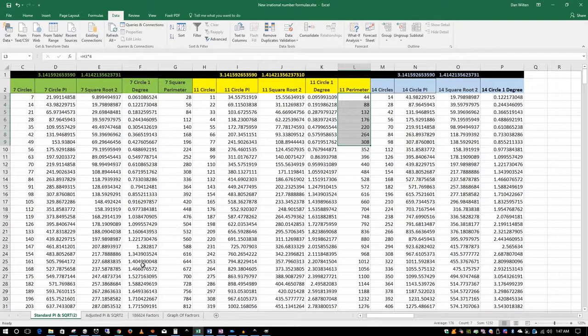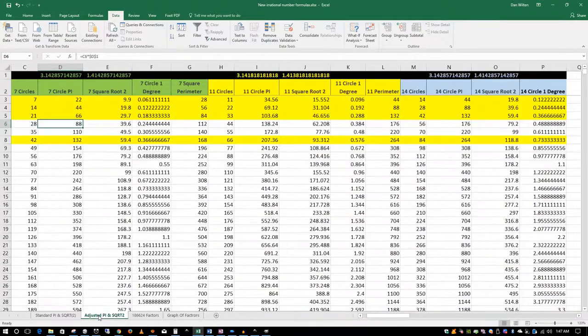So now let's take a look at what it looks like now with the adjusted pi. And believe it or not, it turns out that the square root of 2 is also functioning the same way as pi is. So this is what the numbers look like when you plug in the two versions of pi.